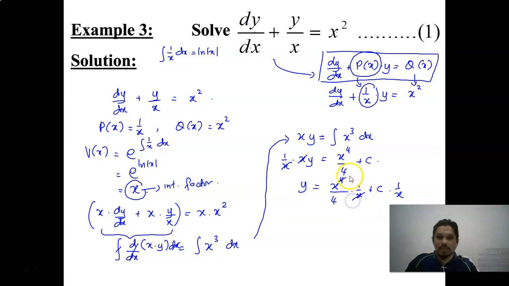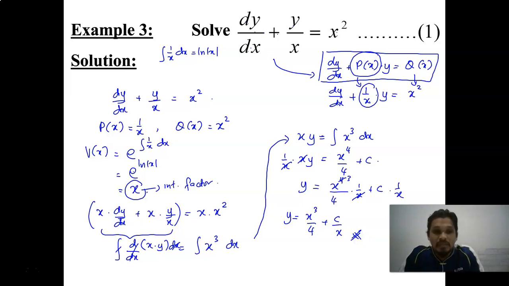So it is y equal to x cubed divided by 4 plus c divided by x. Okay, we leave it in general form because we are not given the values of x and y. If given the values of x and y, we can simply find the value of c here. At this moment there is no value of x and y given, so we leave this in general form with the constant c.